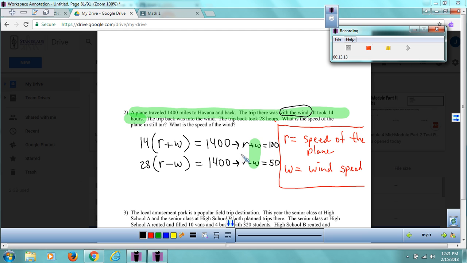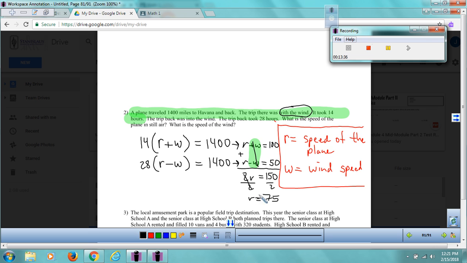So let's go ahead and just add these. That'll eliminate the W's, right? Positive W plus negative W gone. What's R plus R? Well, that's 2 R's. And what's 100 plus 50? It's 150. Okay, and then let's divide by 2. And so R is 75.